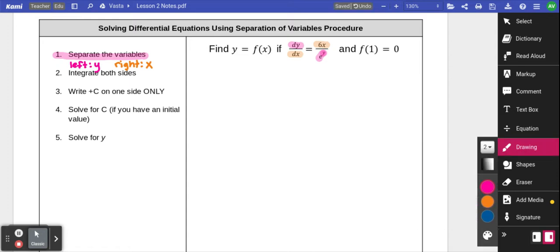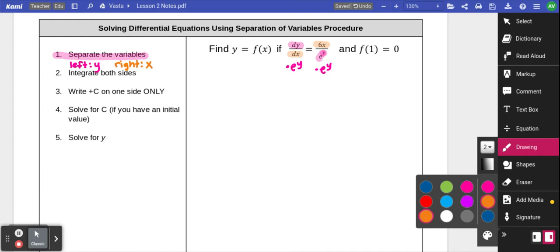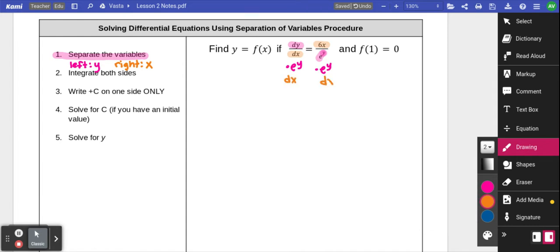So when I multiply by e to the y on both sides, and at the same time multiply by dx on both sides, so I'm kind of doing two things at once, what I end up getting is this. The e to the y cancels on the right-hand side, and on the left-hand side, I'm going to have e to the y times dy.